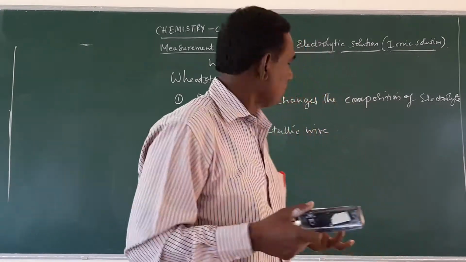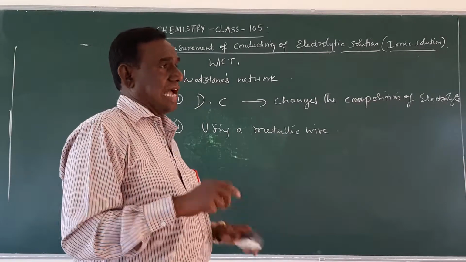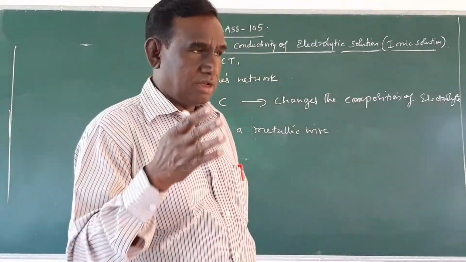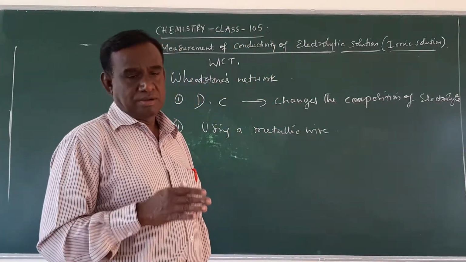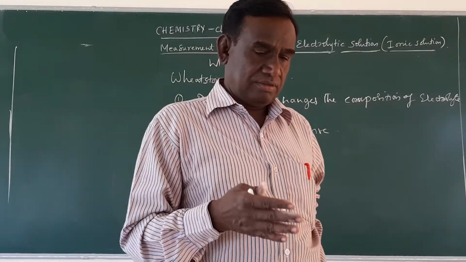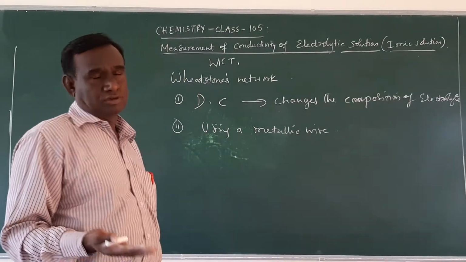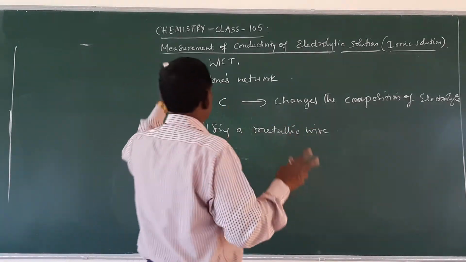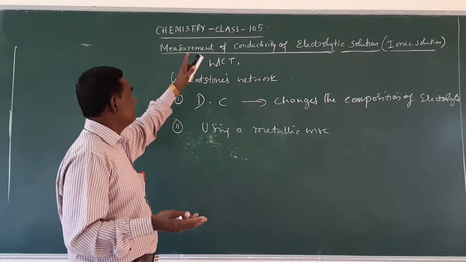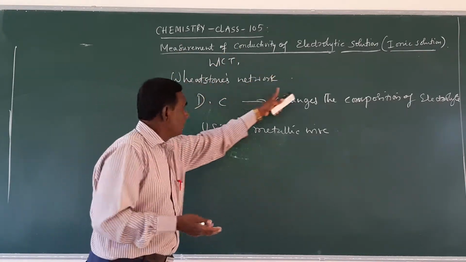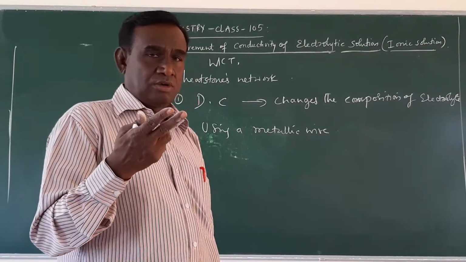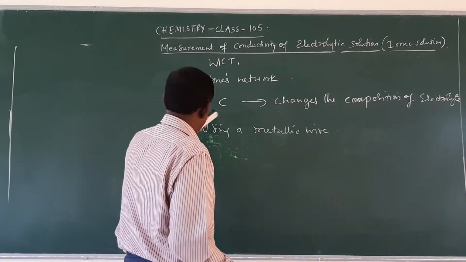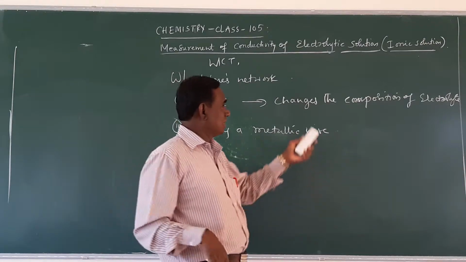So we know that the accurate measurement of the resistance of an unknown material can be done using Wheatstone's network, but it is not possible for the conductivity of electrolyte solution, because two problems arise. First, passing DC current will change the composition of the electrolyte.